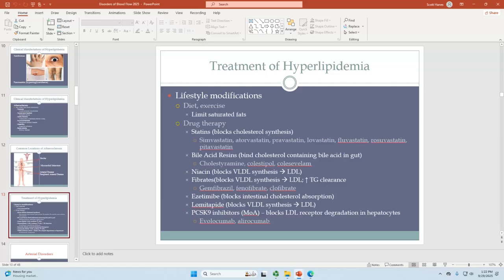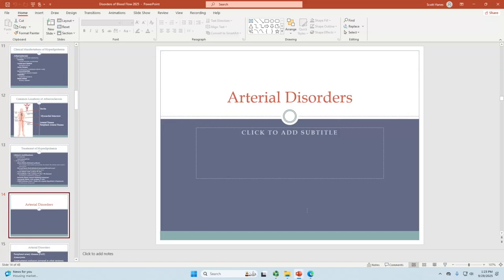Ezetimibe blocks cholesterol absorption, so it never gets absorbed. And then lastly, the PCSK9 inhibitors block the degradation of LDL receptors, okay, maintaining their viability in the liver, for example, such that LDL can be taken up in a regular fashion. So that's what those medications do. So just a little bit of information for you.